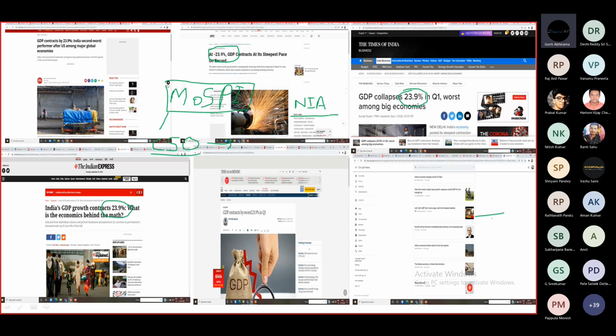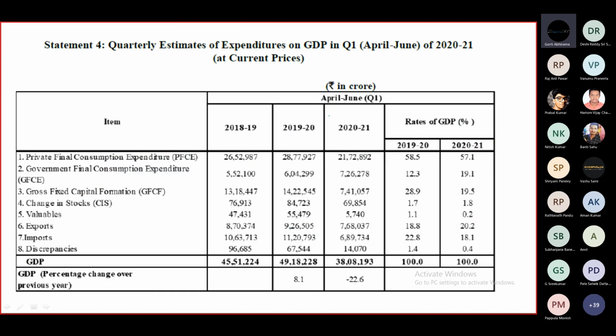And if we look at the CSO report from which they had taken, this is the quarterly estimate of expenditure on GDP in quarter one, that is April to June 2021. You see here, this is directly taken from CSO, and the link for the same will be provided in the PPT after 2-3 slides.